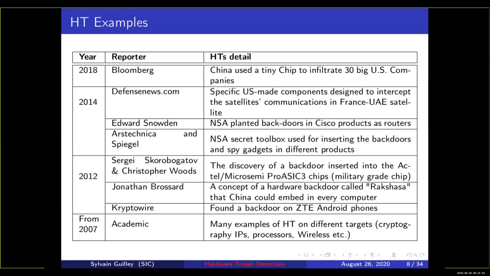Then Snowden also talking about different things for Cisco, etc. So those have been reported. It's public information, you see. It's not now the correct place to discuss exactly what was done, but it's just to show a track record about a few hardware Trojans as they were discussed.